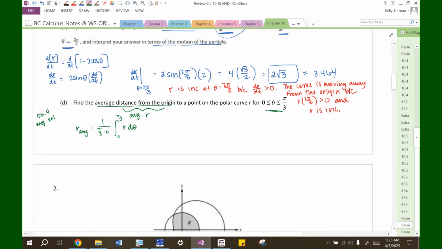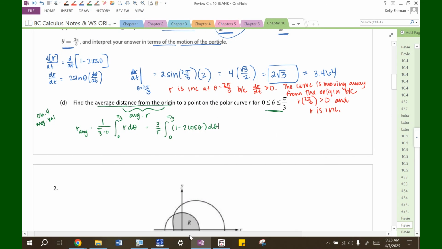And I'm going to clean this up here, 1 over pi over 3 is 3 over pi. R is just the equation 1 minus 2 cosine theta, d theta. So we integrate r, and then we turn around and divide it by b minus a. That gives us the average r value again.